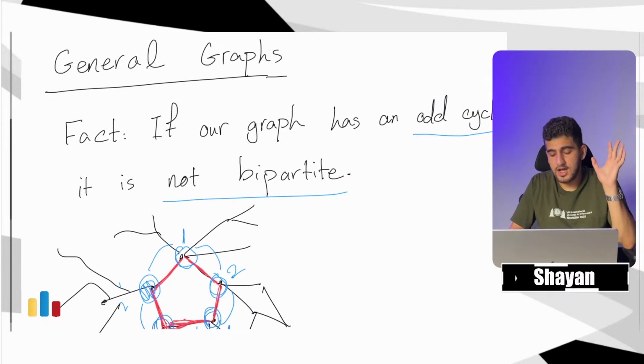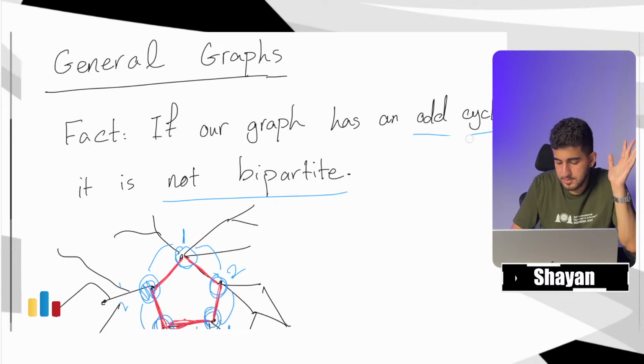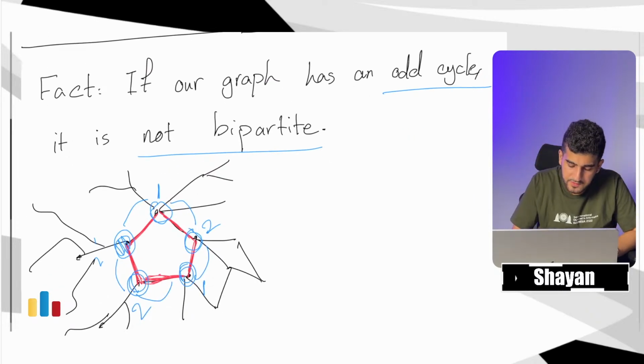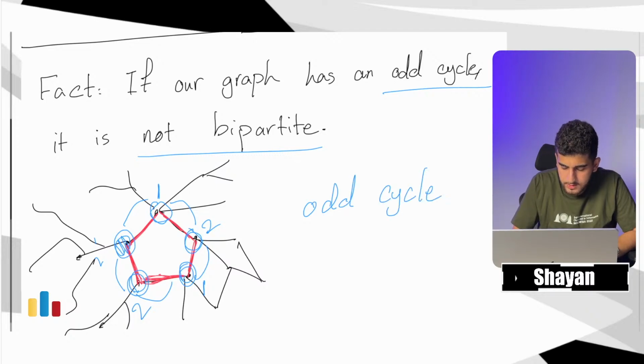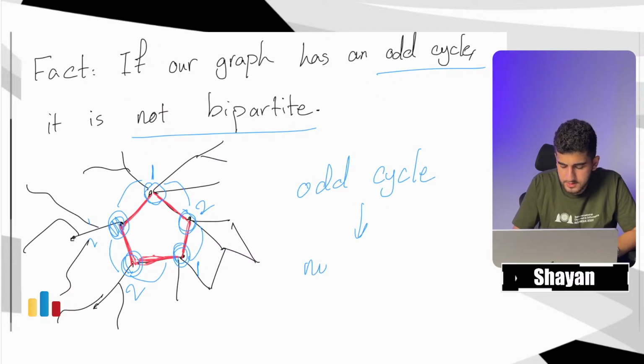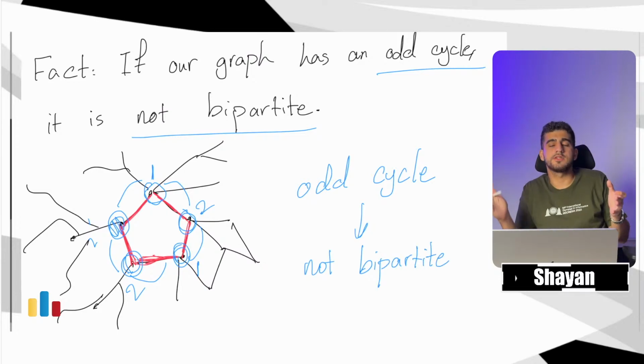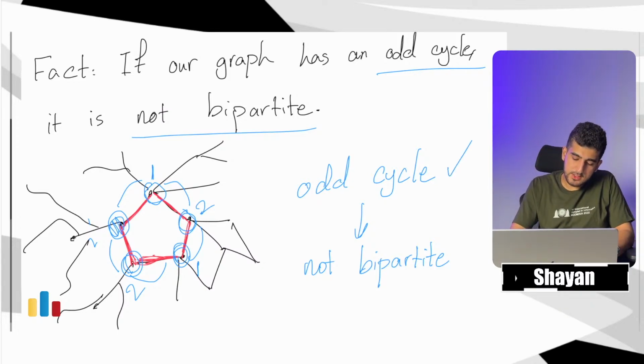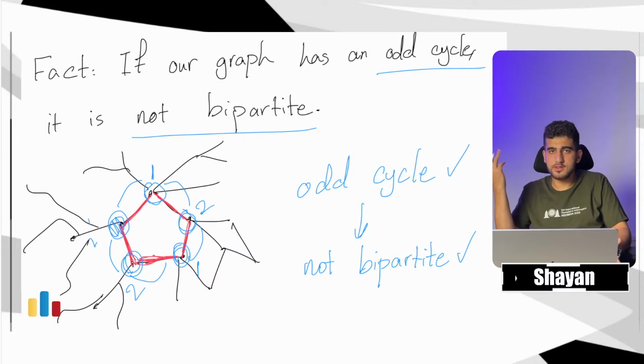I haven't yet said anything about what happens if it does not have an odd cycle. For now, we're just saying that if it has an odd cycle, then it is not bipartite.